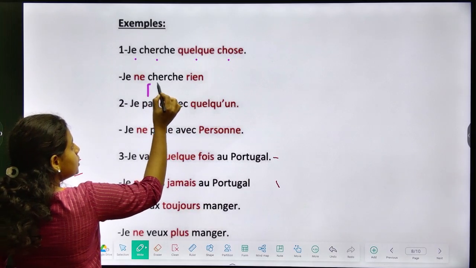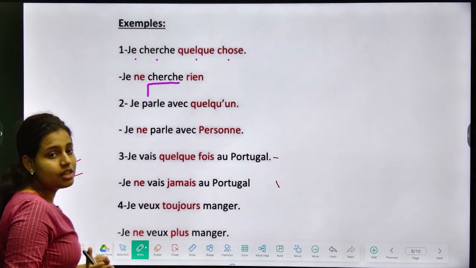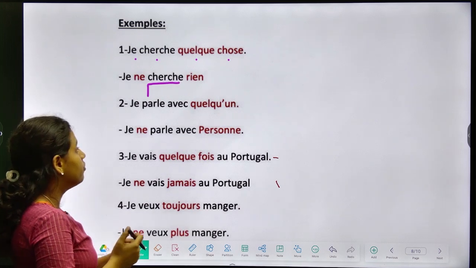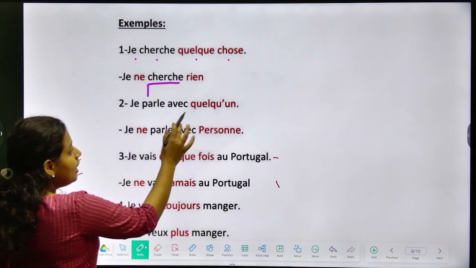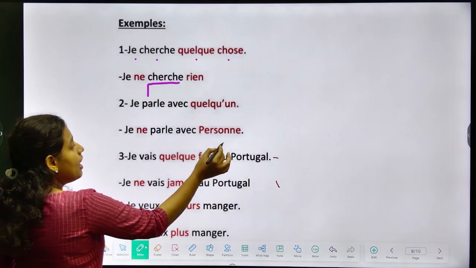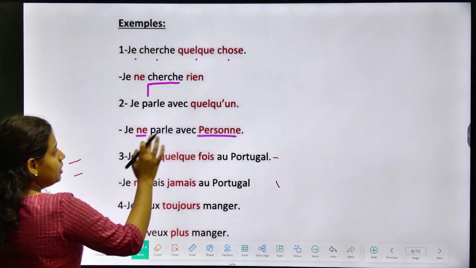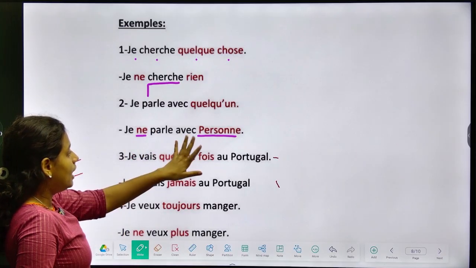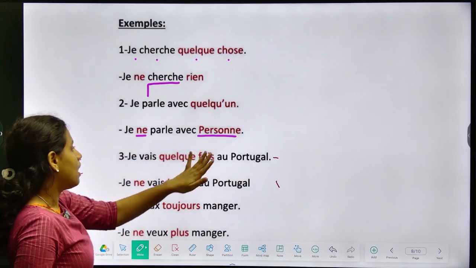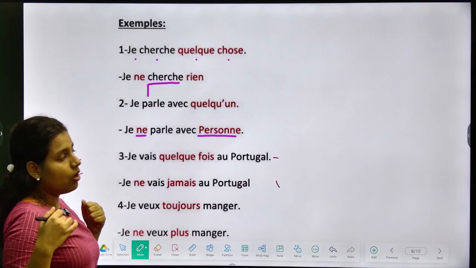Your verb was cherche, which is placed between ne and rien. I do not look for anything. Je parle avec quelqu'un. I talk to someone. Je ne parle avec personne. Ne, then in between you have your verb and the preposition, and then personne. I talk to no one.